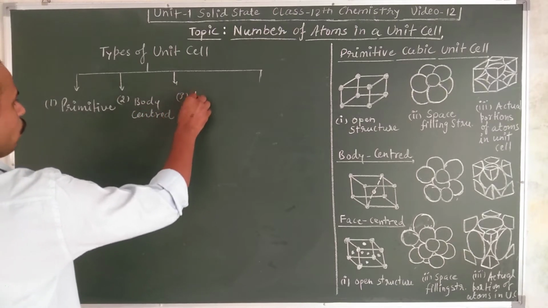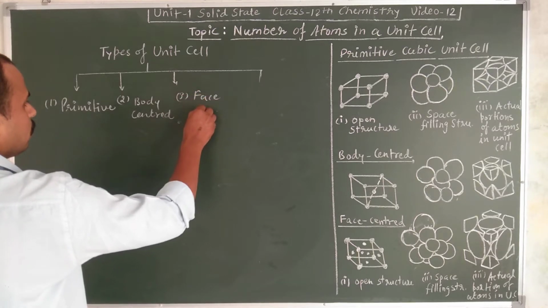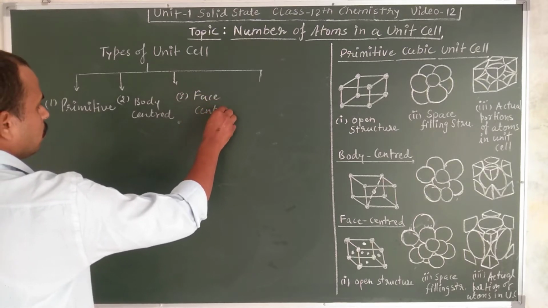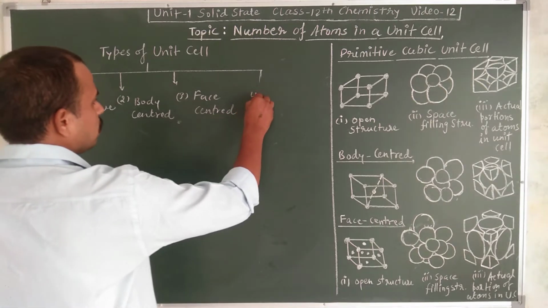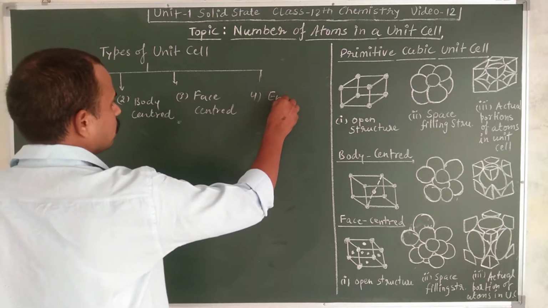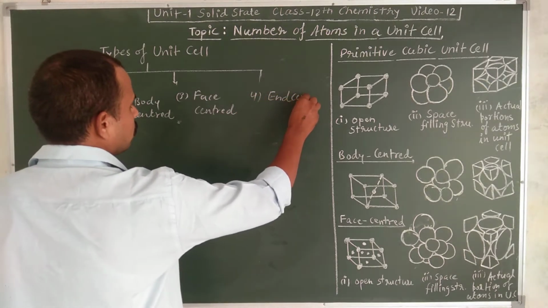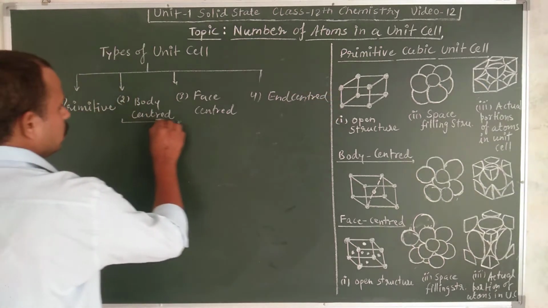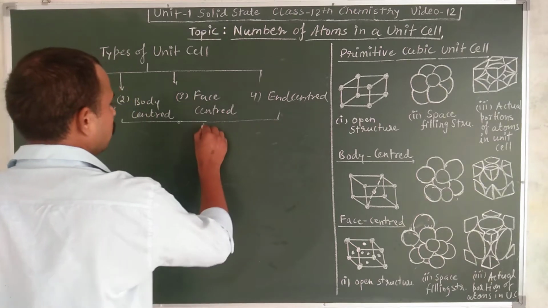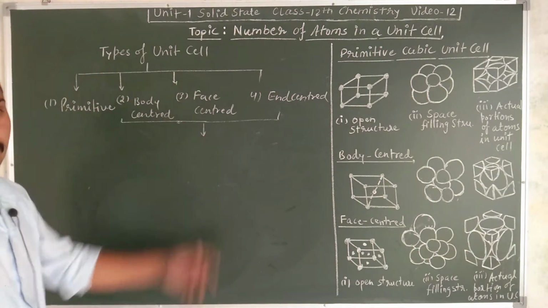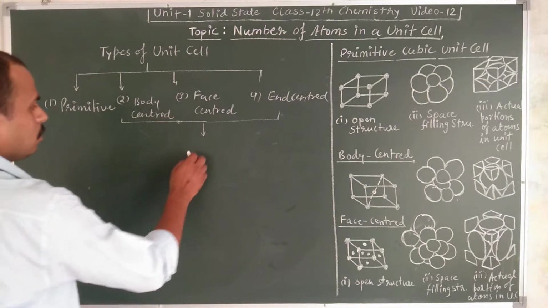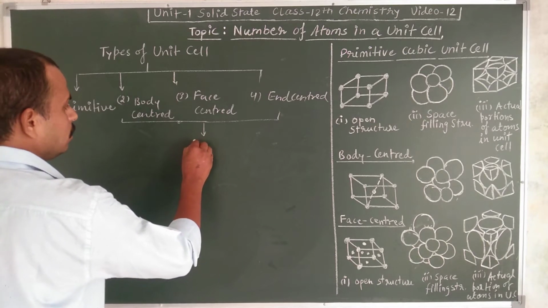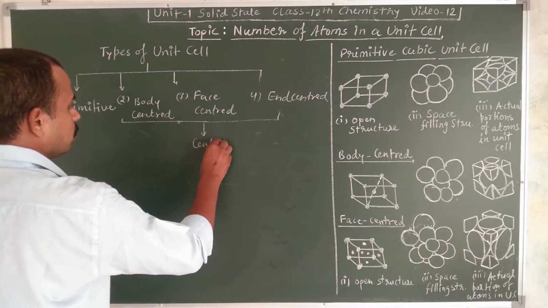Third is face centered. And fourth is end centered. And these three come under a centered unit cell.